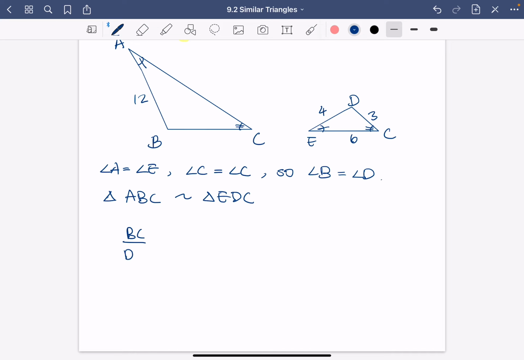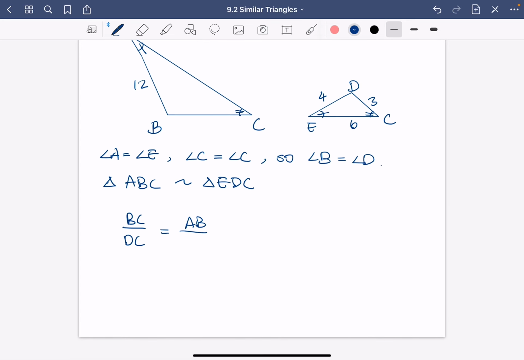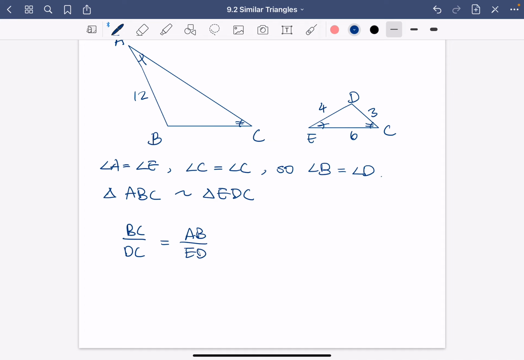BC over DC is the same as, we know this side already. This side is AB. And the corresponding side for AB is ED. Okay, so BC we don't know, we can just leave it as BC.